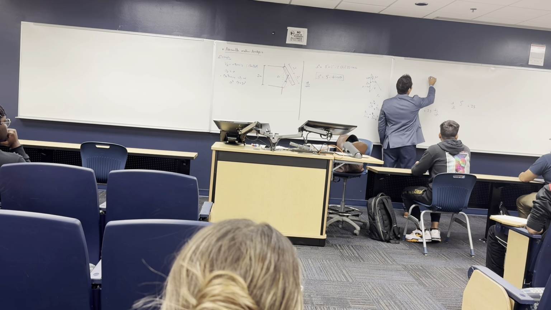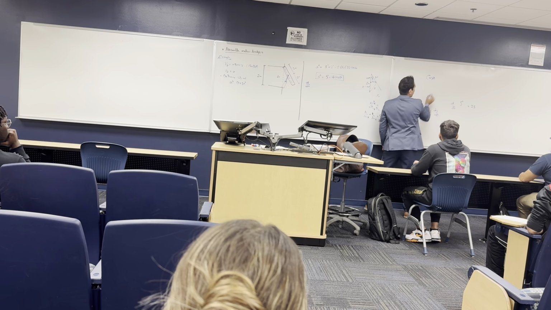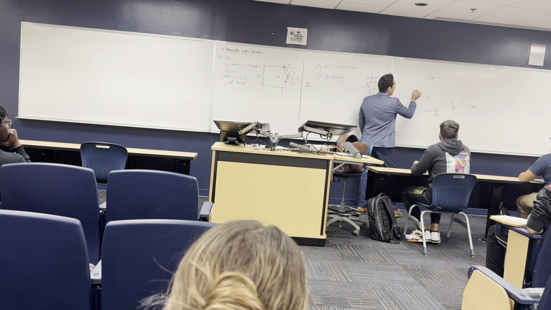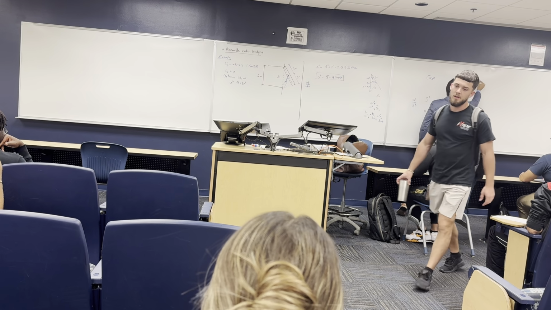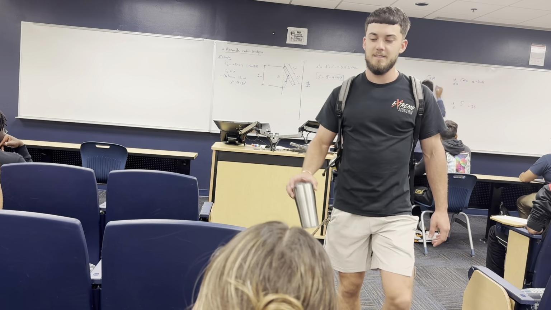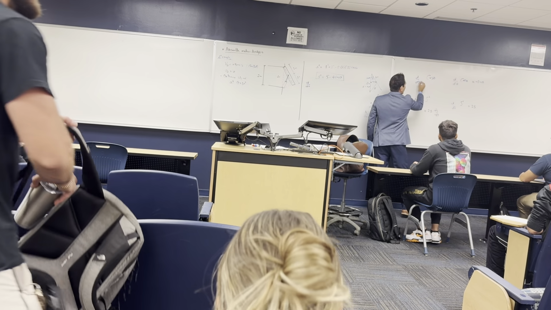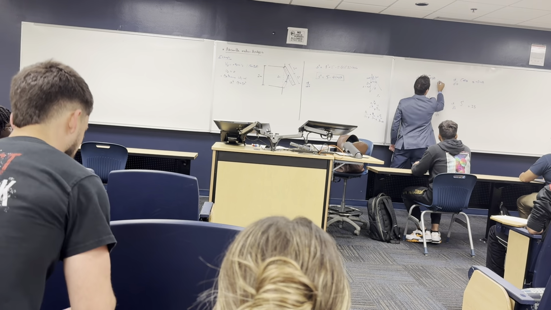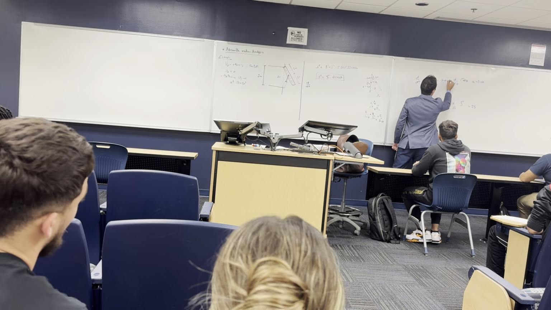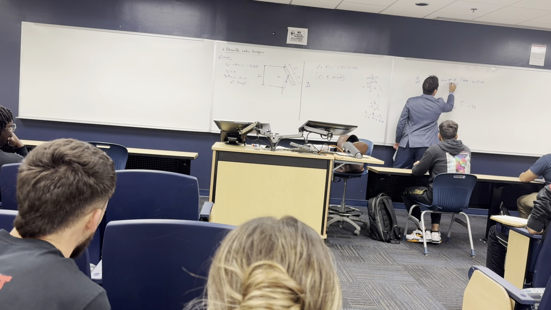Same thing if you have cosine theta. If you want to differentiate cosine theta with respect to the same variable theta, it's going to be negative sine theta. But if you want to differentiate cosine theta with respect to a different variable t, this is going to be negative sine theta multiplied by d theta/dt.